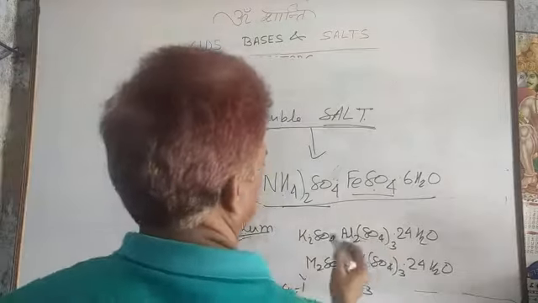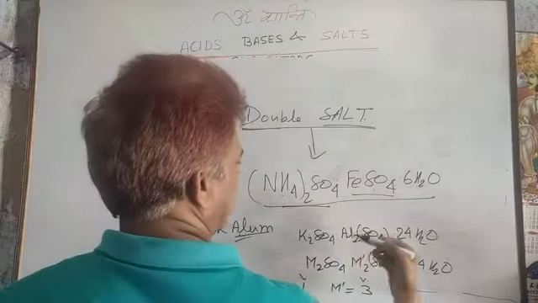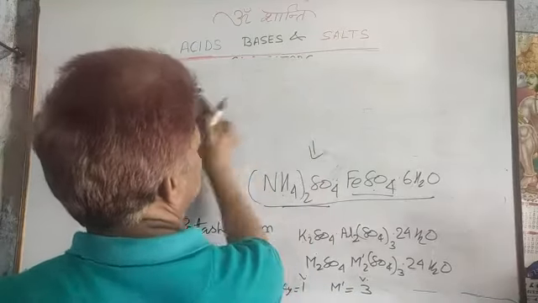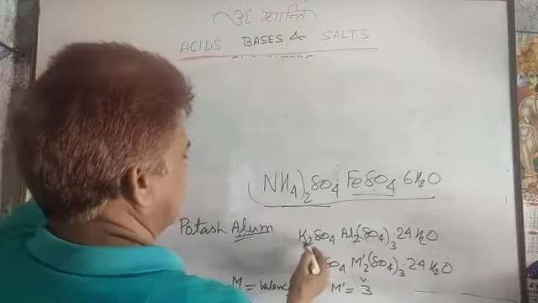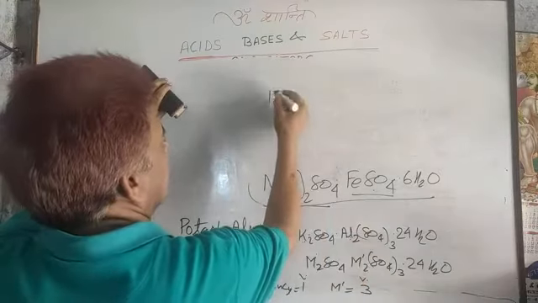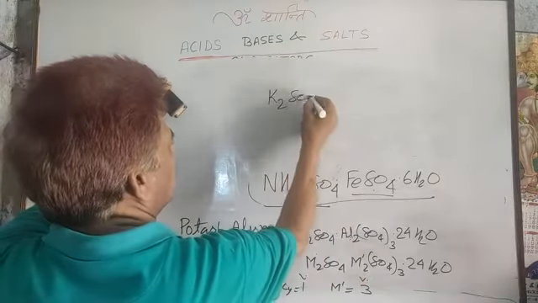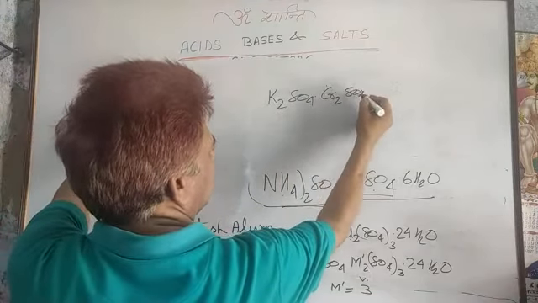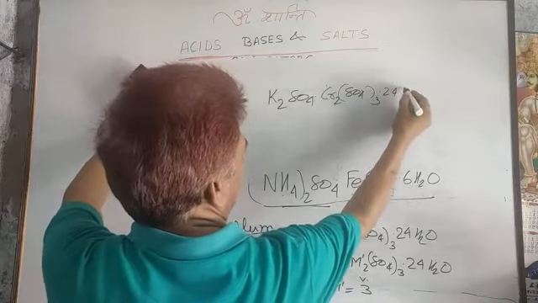Now you can write another example. In place of aluminum you can write chromium, and the remaining is the same, K2SO4, and now chromium with valency 3, Cr2(SO4)3 and 24H2O.